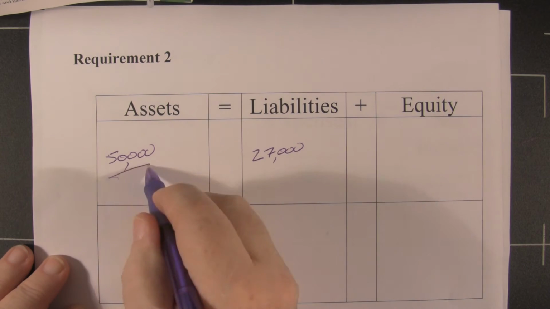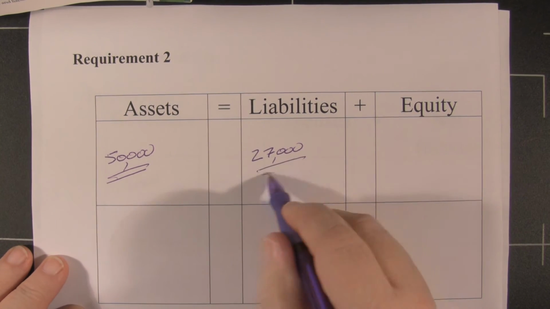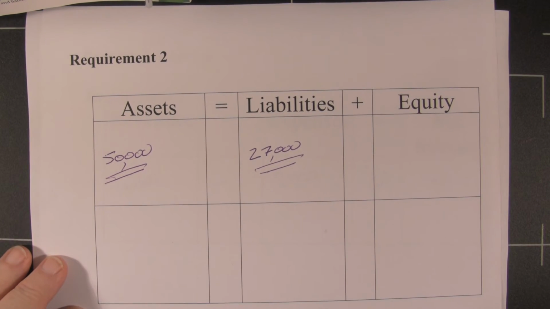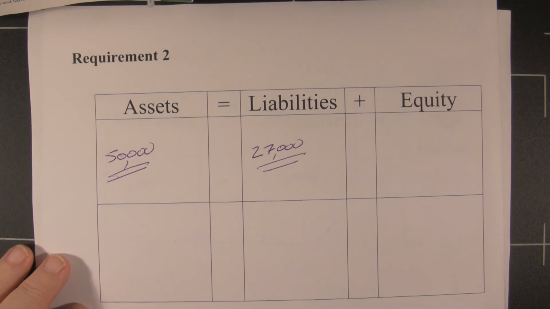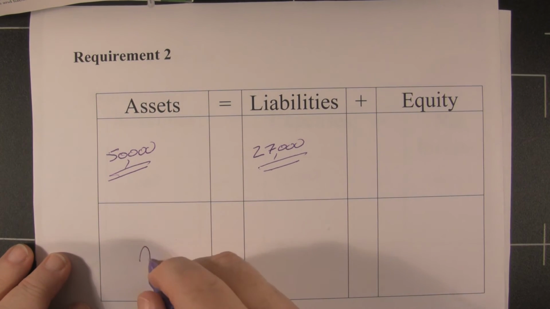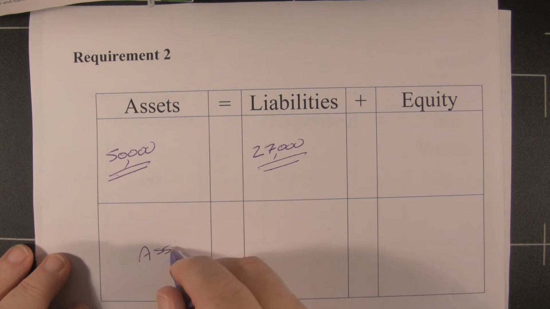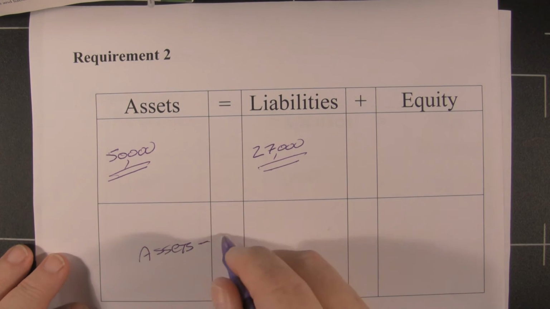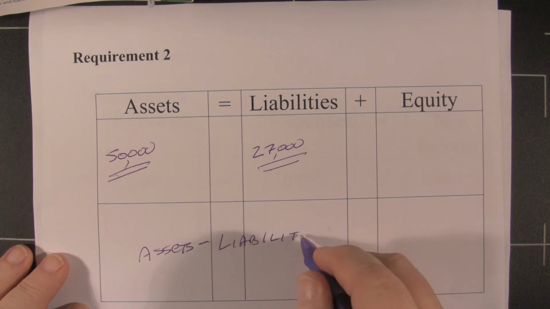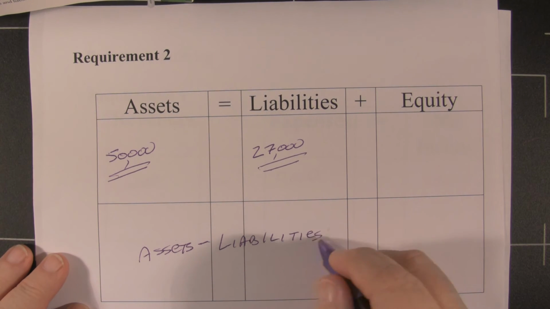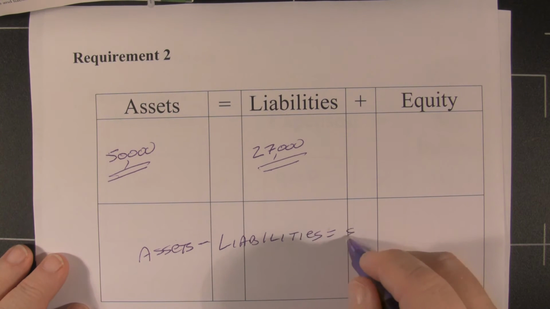We know the assets are $50,000. We know the liabilities are $27,000. If we just rework the equation a little bit, if we do assets minus liabilities, just pushing that equation around a little bit, that will give us our equity.